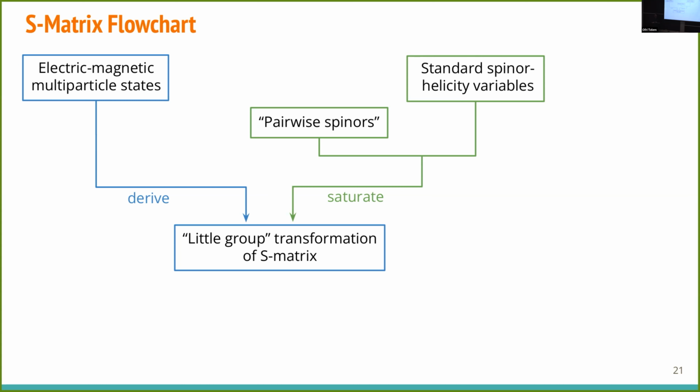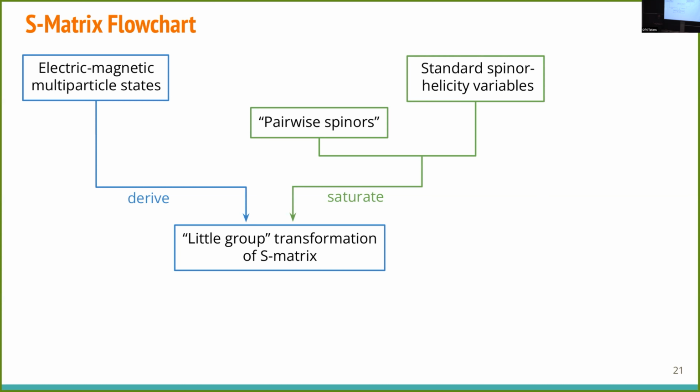Now I can go about and ask, how can I write down some formula for what the S matrix could be, such that when I transform that formula, its functional form will give me exactly the phase factor that I postulated by saying that it's a fermion and a scalar. So that's how you do little group arguments to fix some of the angular dependence of the S matrix, just from the fact that you know what particles you're scattering.